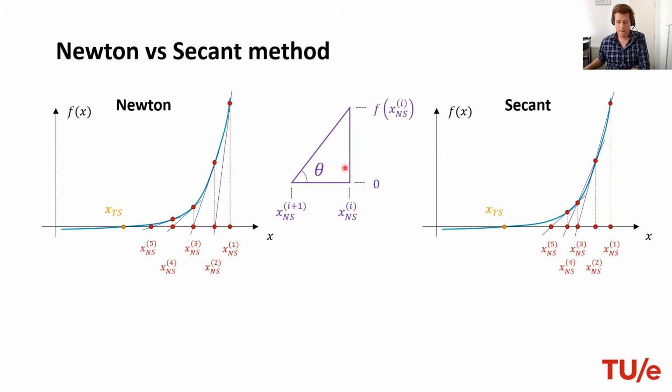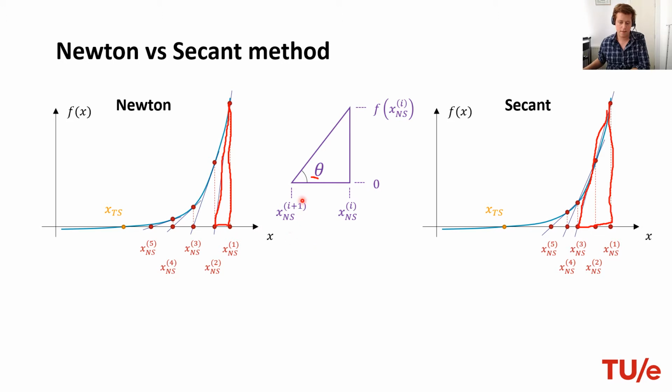And for both methods, we can draw these kinds of triangles, which we base our method on. So we have here this triangle. And here we have a similar one. But the only difference is actually the slope that we use. So this theta that we use in both cases.